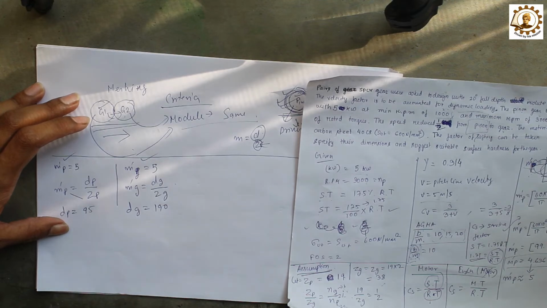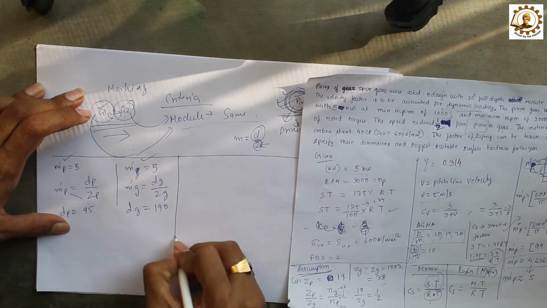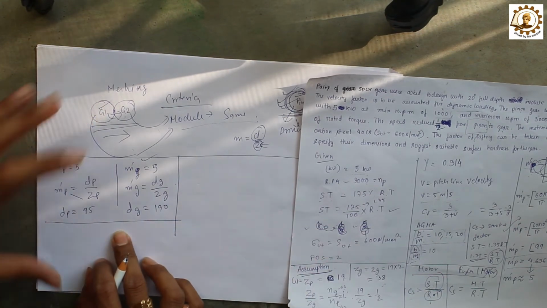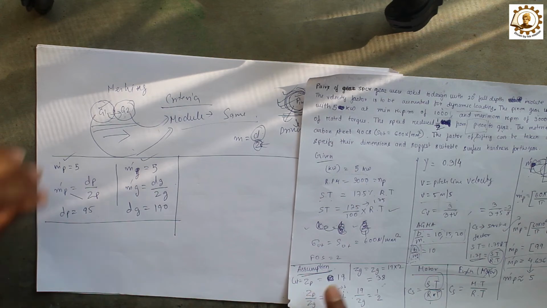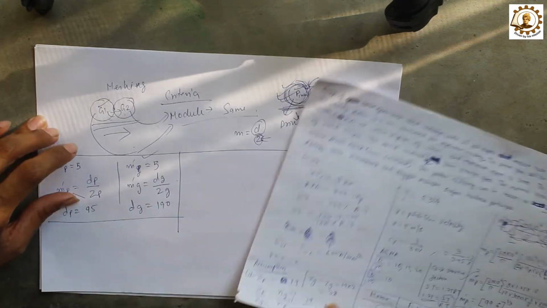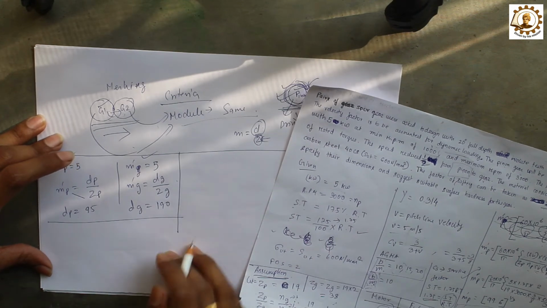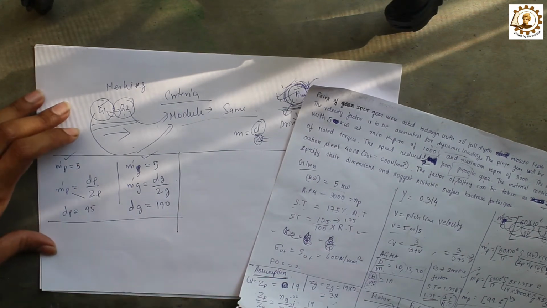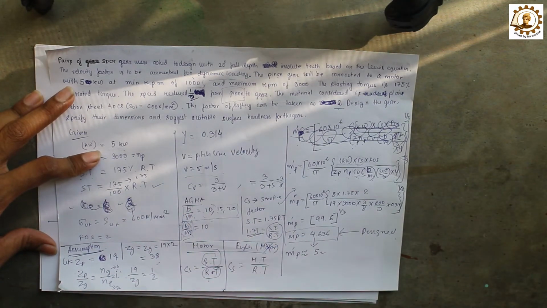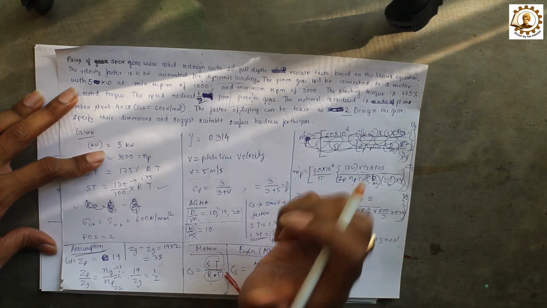Now our next part is to find the factor of safety. Before concluding this part, I need to find out one more thing. I have considered b by m equal to 10, as per the sigma ratio. So what should be the thickness of the teeth?